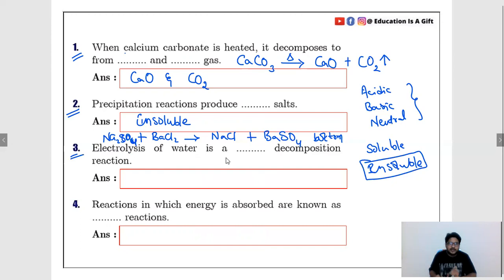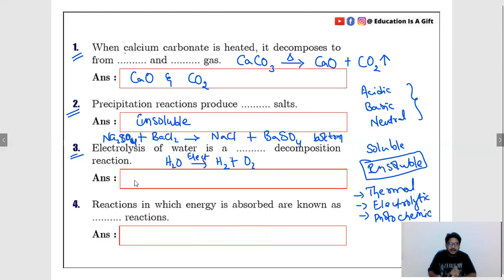Number three. Electrolysis of water is a dash decomposition reaction. We know there are three types of decomposition reactions. First one, thermal decomposition. Second one, electrolytic decomposition. Third, photolytic or photochemical decomposition. While coming to electrolysis of water, H2O will be decomposed into hydrogen and oxygen when you pass electricity.